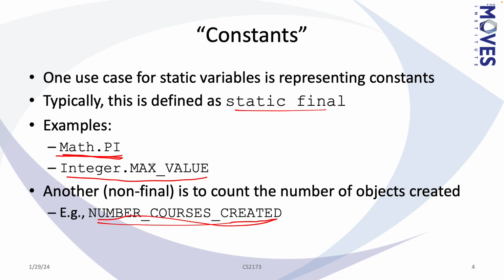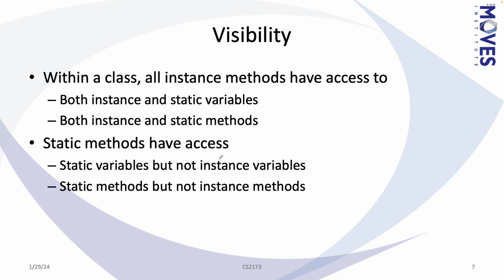Math.PI, Integer.MAX_VALUE, everybody can see those, but if they were private, they could only be seen within the class. It doesn't work the other way. Static methods only have access to static variables, not instance variables. Static methods can access static methods, but not instance methods.